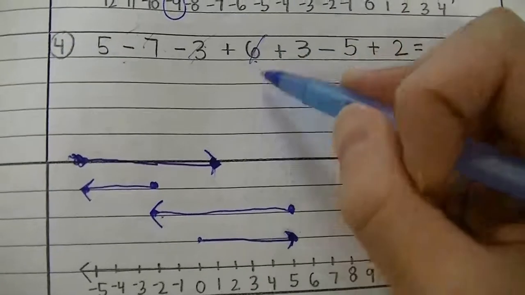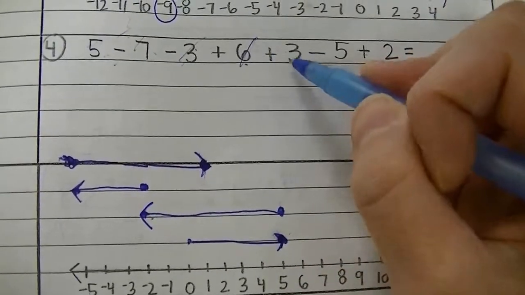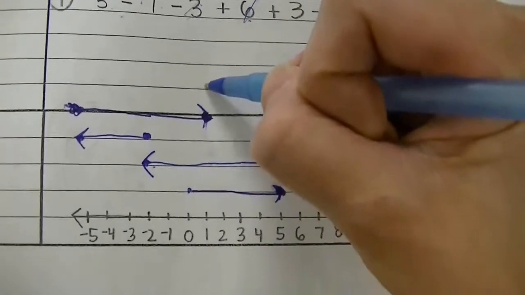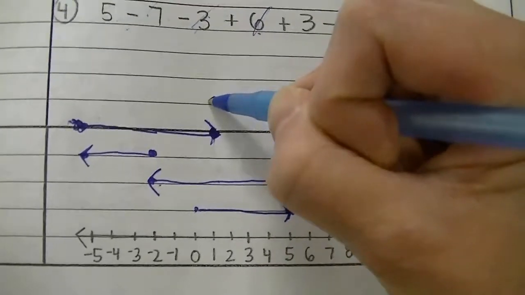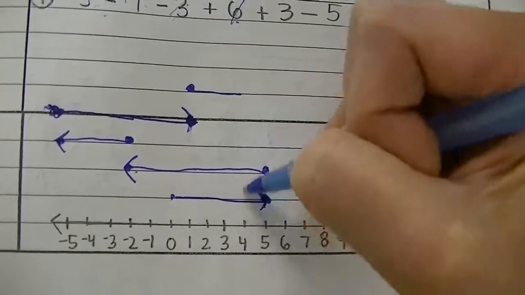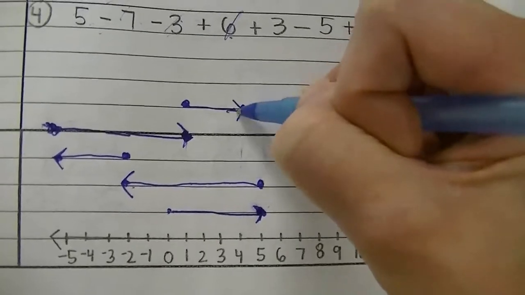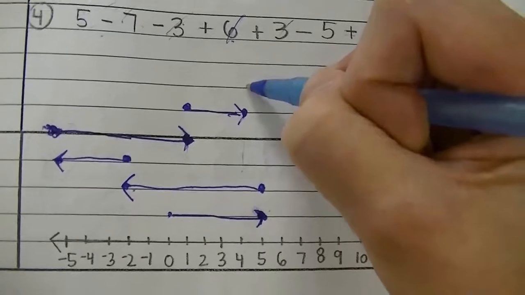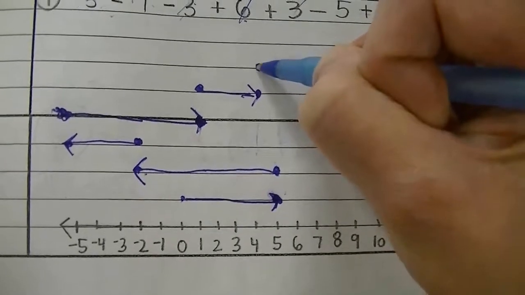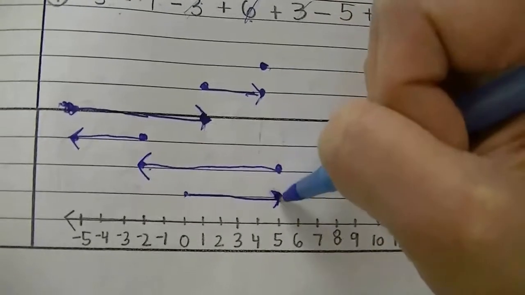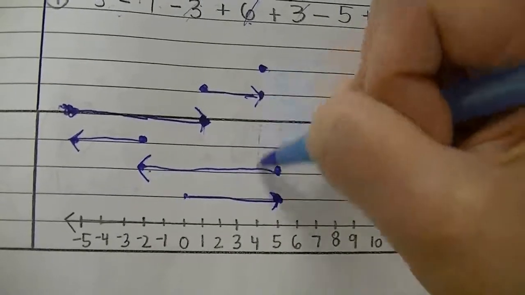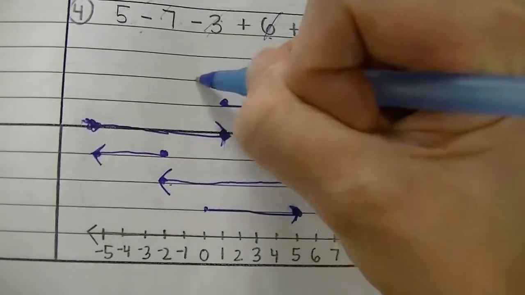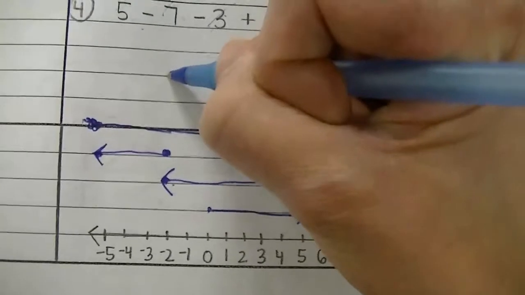Okay, now from that 1, you're going to go to the right 3 more units because it says plus 3, which is going to bring you to 4. Okay, and it says minus 5, so from there you're going to go left 5 units. Should bring you to negative 1.